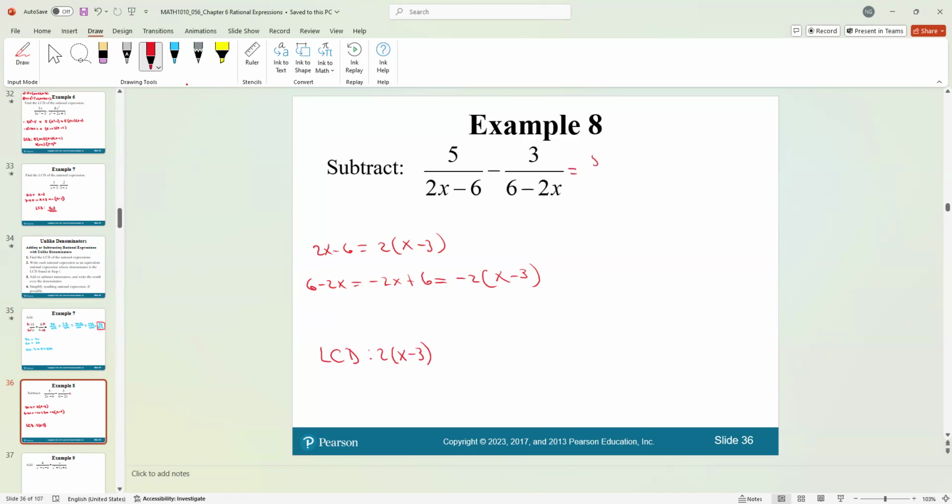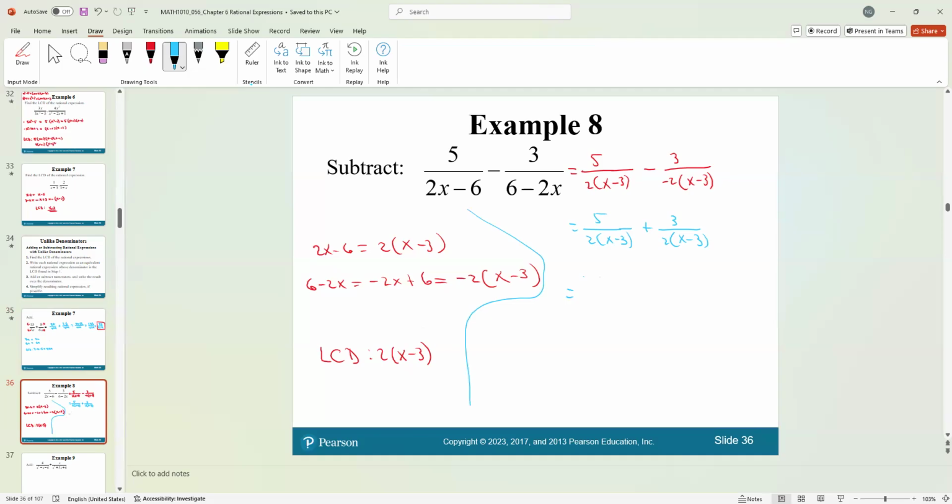Now remember, we said with that one, that's a 5, minus 3 over negative 2 times x minus 3. Look at the second term. We still have 5 over 2 times x minus 3, but in the second one, the two negatives become positive, 3 over 2 times x minus 3. Same denominator.